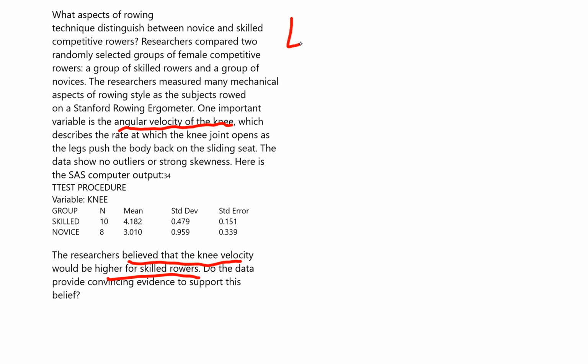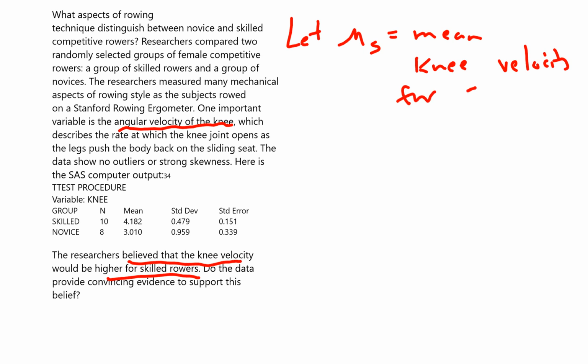We're going to say let mu sub s equal the mean knee velocity for skilled rowers.